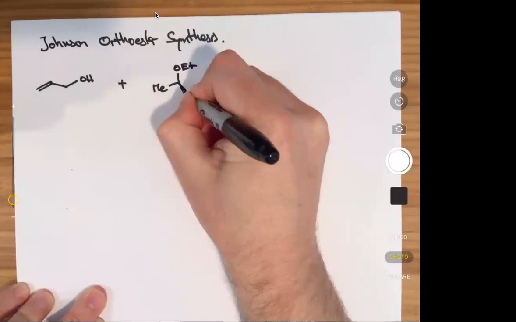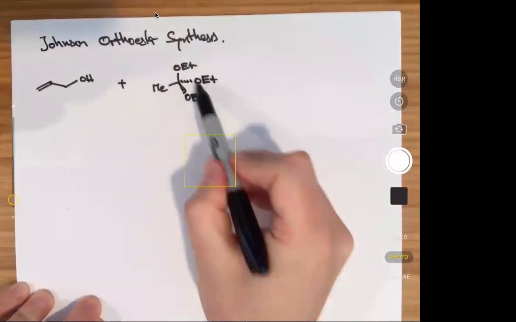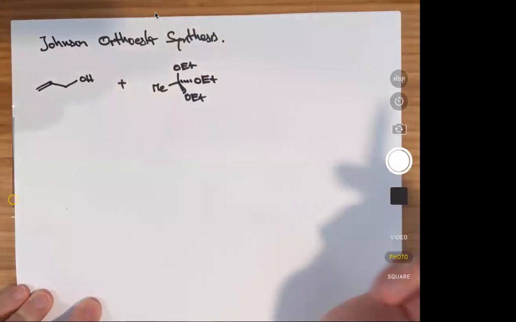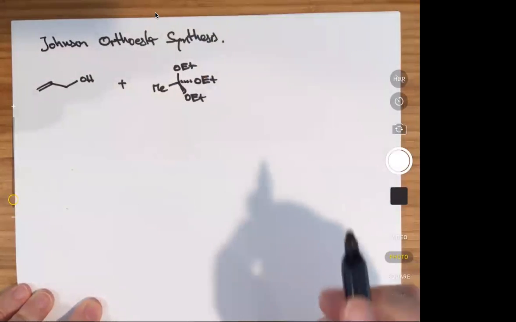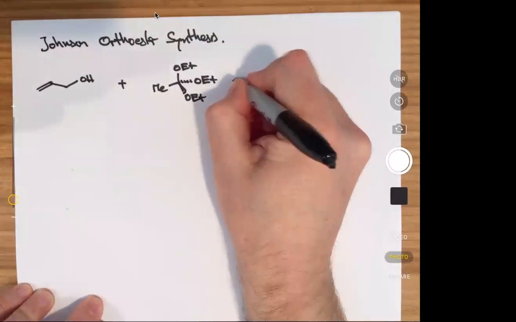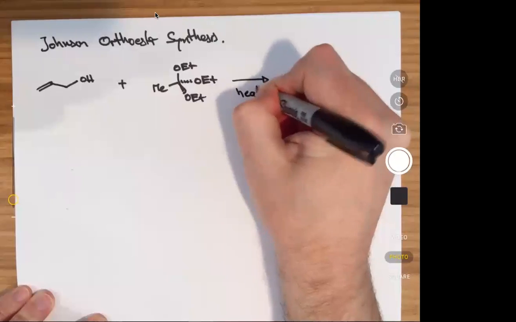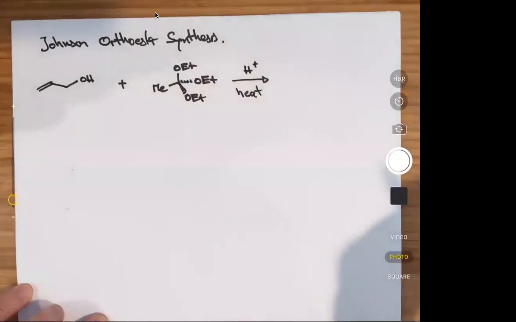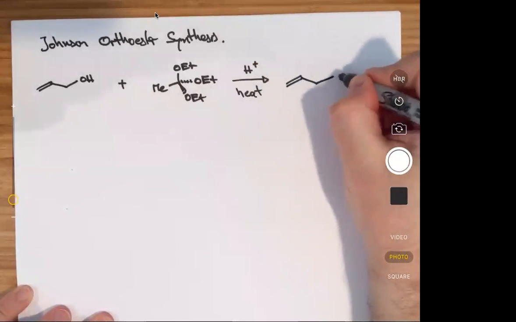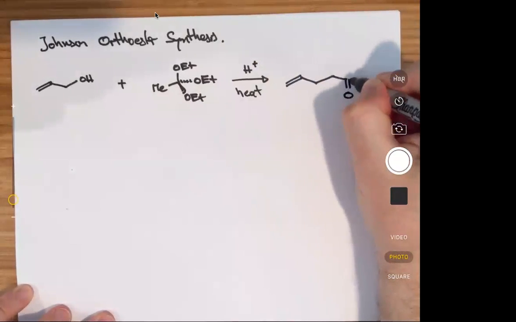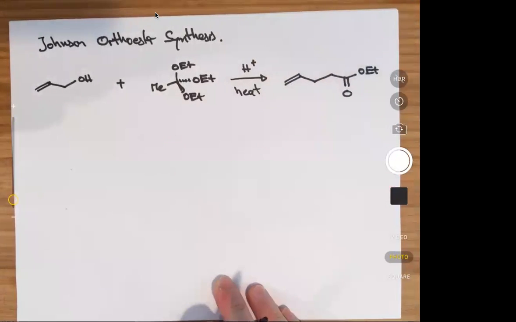So it's 3 ethoxys essentially that are attached to this carbon atom, and you can easily make this from an ester by just forming the acetal from that carbonyl, and then you basically just have to heat this with a little bit of an acid, and what you get out of it is maybe something that you don't immediately expect. You get the ethyl ester out of this system.